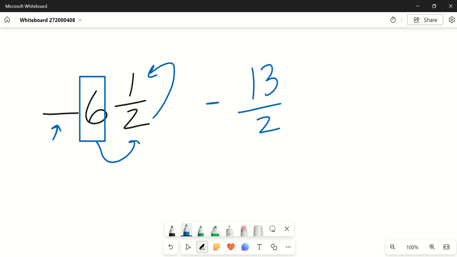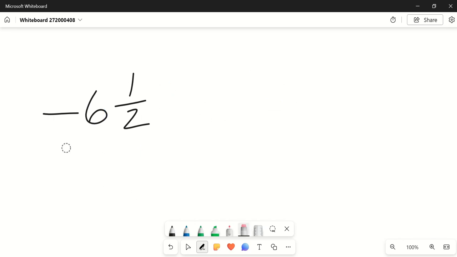The other way we can do this, since we don't need to necessarily convert it into an improper fraction, is the following. We are converting this mixed number into a decimal. This is a whole number. A whole number in a decimal is just going to be the first part of it. So it's going to be -6 point something.